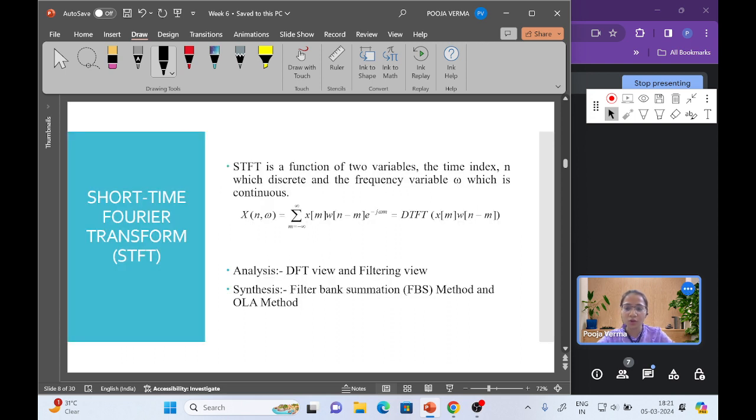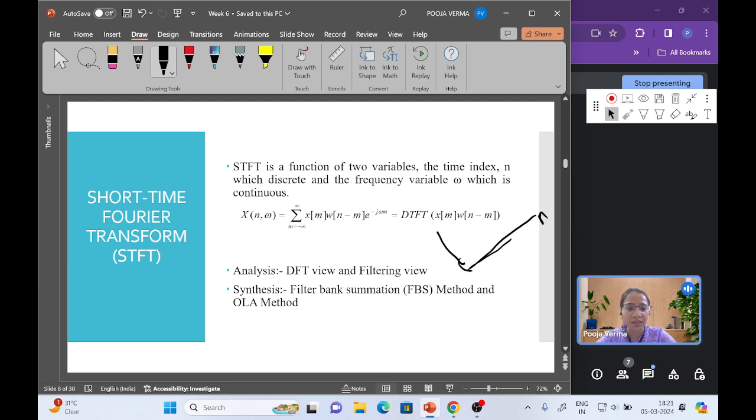So next is the short time Fourier transform. What is the short time Fourier transform? It is also for analysis of a long signal. Here STFT is a function of two variables: the time index n, which is discrete, and the frequency variable omega, which is continuous.